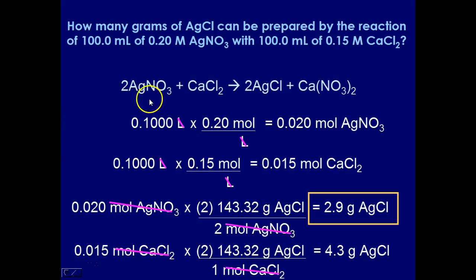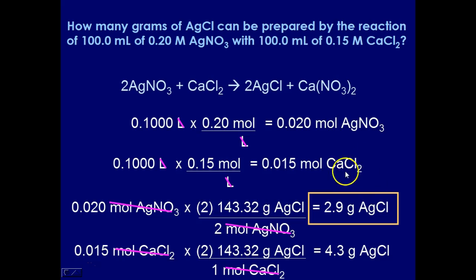When I look at this equation, I see that I had 4 ions over here on the reactant side. A silver ion, a nitrate ion, a calcium ion, and a chloride ion. I know how many moles of silver nitrate I had present, and I know how many moles of calcium chloride I had present.